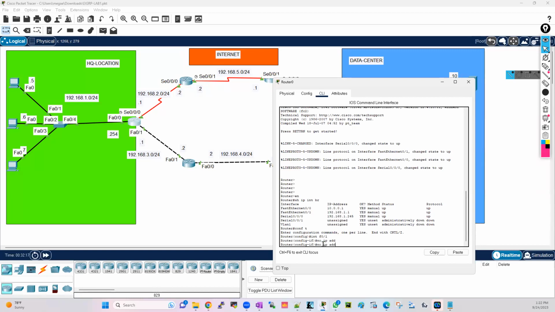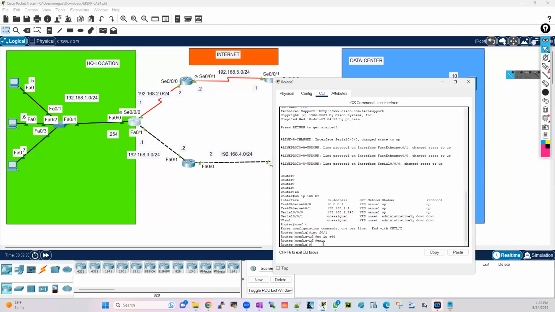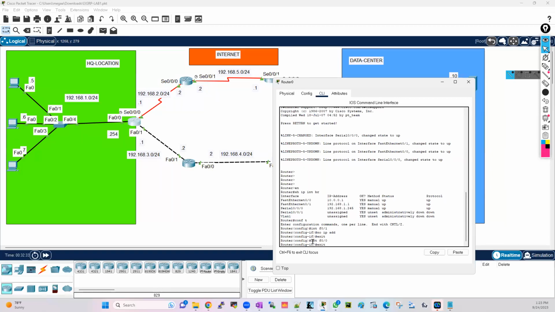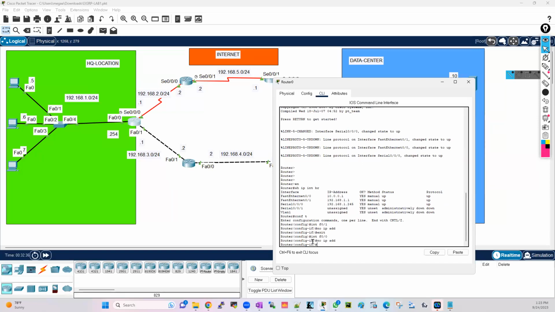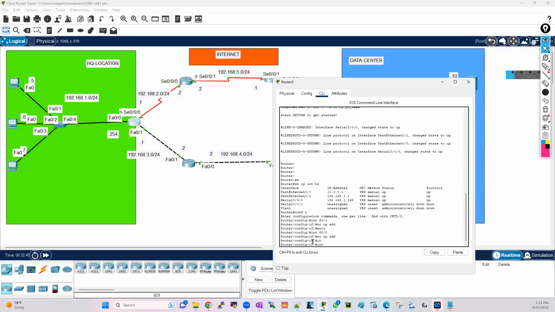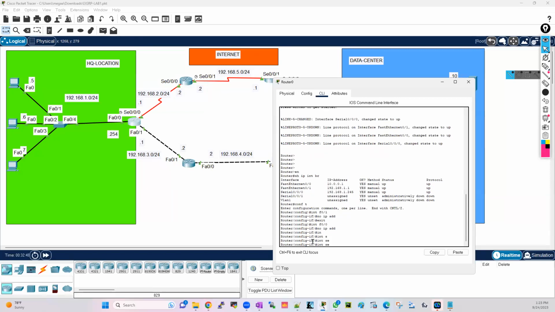The next one, we do exit, and then we remove the IP on interface F0/0, enter, and then no ip address. The same thing on serial. Interface serial 0/0/1, right?